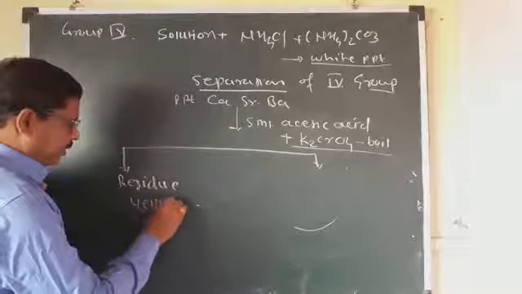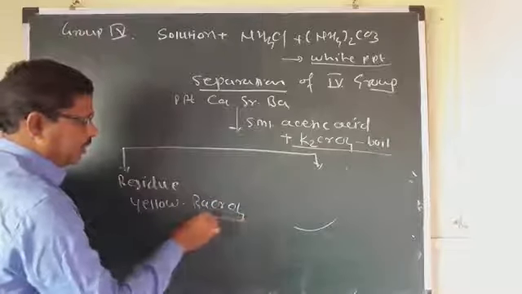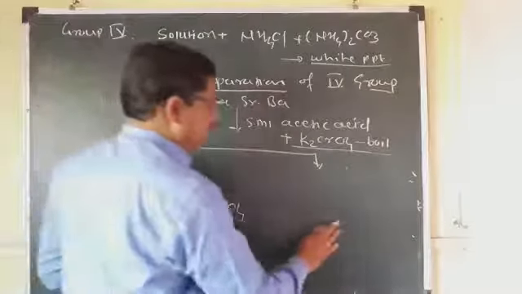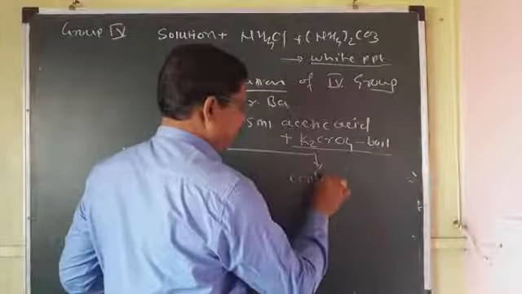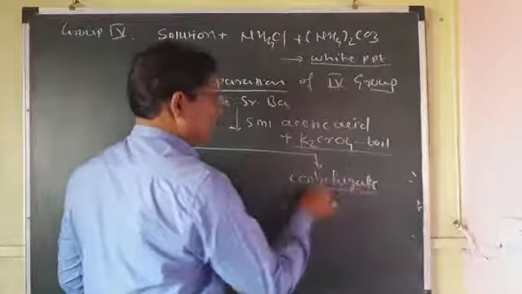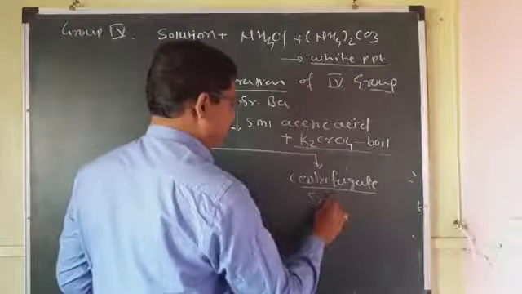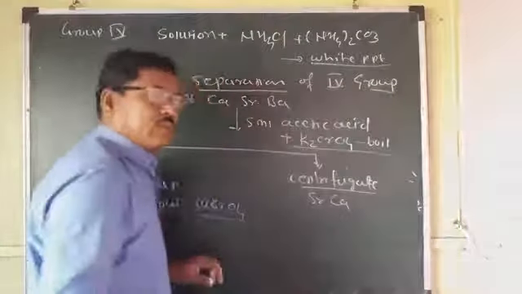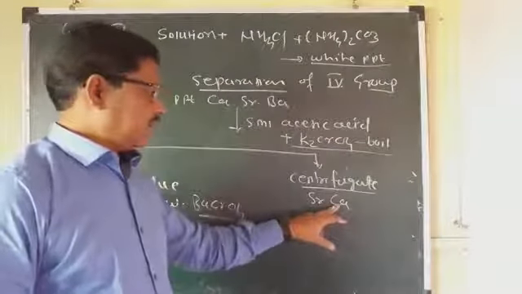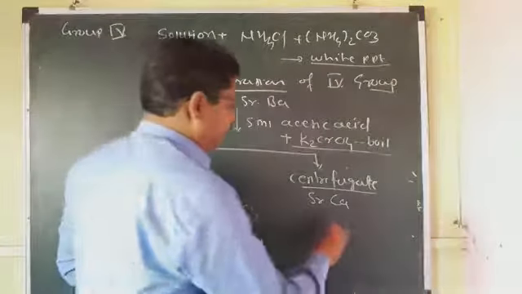The yellow residue is barium as barium chromate, and the centrifugate contains the strontium and calcium. Again, this centrifugate, which may contain calcium and strontium, is treated with ammonium sulfate and sodium thiosulfate.